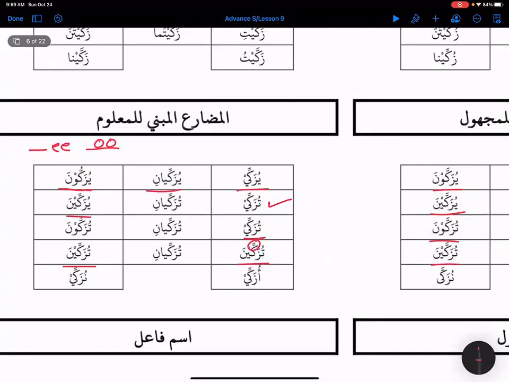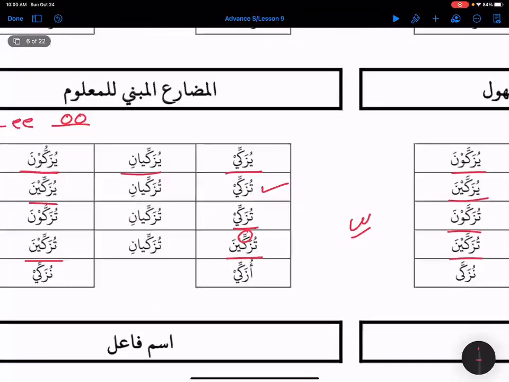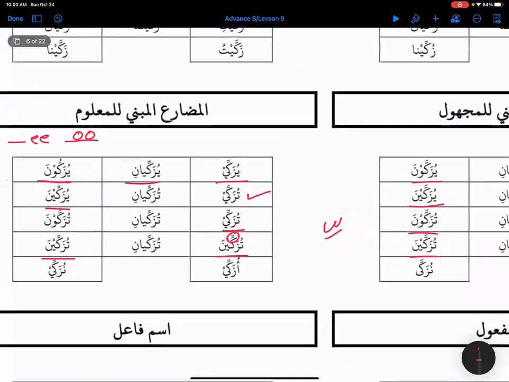One way is that we write on top of it, and that is totally fine; sometimes you see it underneath. When you see it underneath, that is kasra, not dhamma. So you need to say tuzakkina, with E sound, like tuallimina. So tuzakkina, then tuzakkiyani, and again tuzakkiyani.